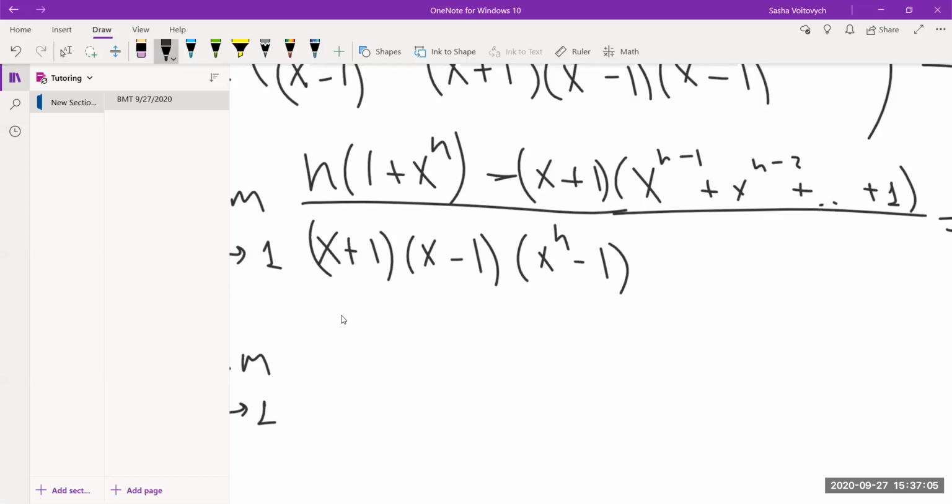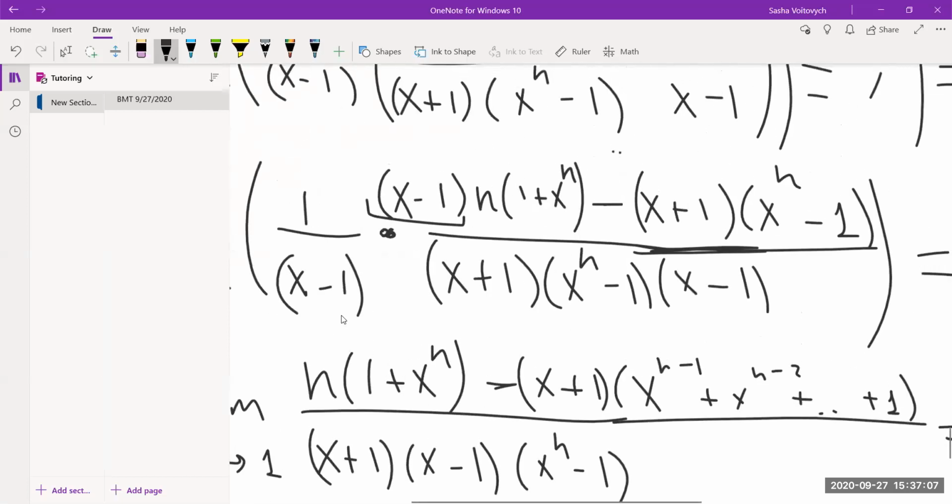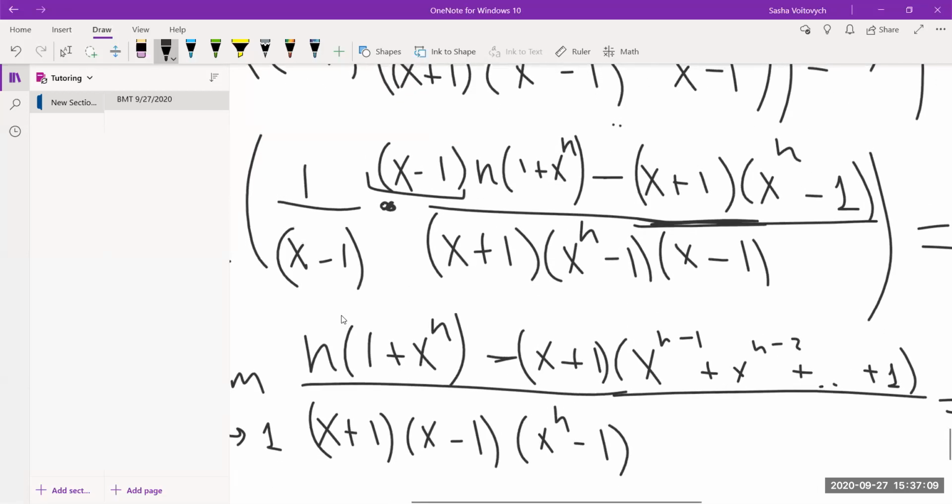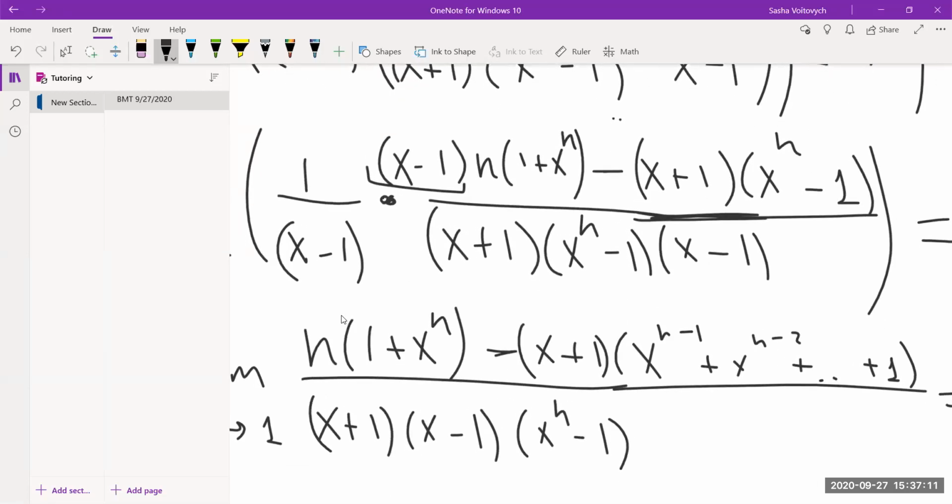Yeah, I think that will work. We can just apply L'Hopital's rule twice. It's going to be kind of messy, but I think this is better than just factoring out x minus 1.